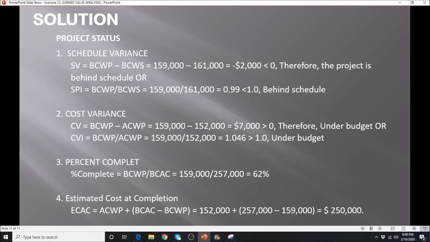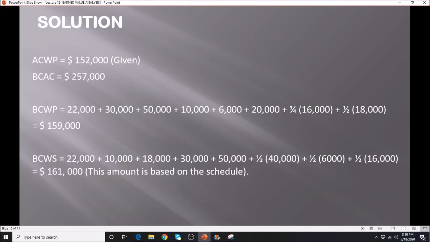So during your presentations in your meeting, you could tell them it is 62% because you base that on your calculations. And to determine the estimated cost at completion, plug into our equation ACWP plus the difference between your BCAC and the BCWP. Based on the status that we are in, it gives you 250,000, based on our actual cost, 257, at completion.